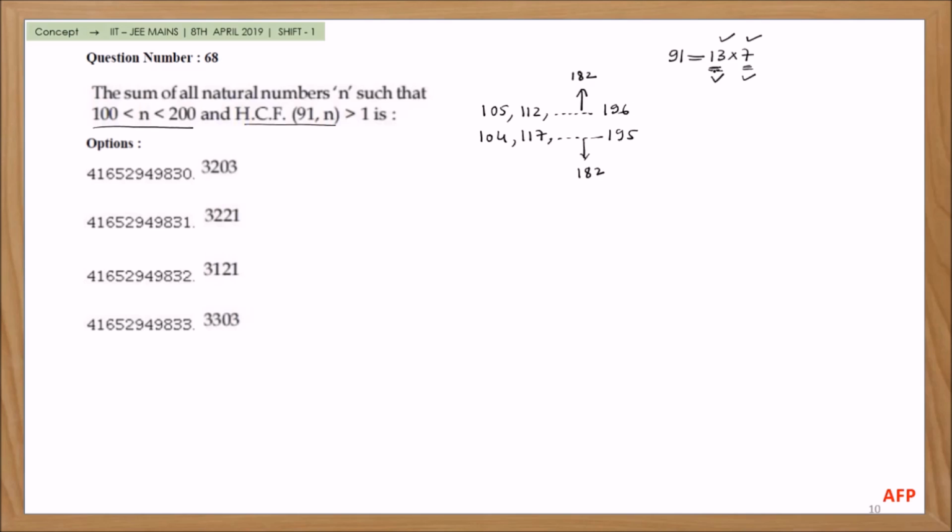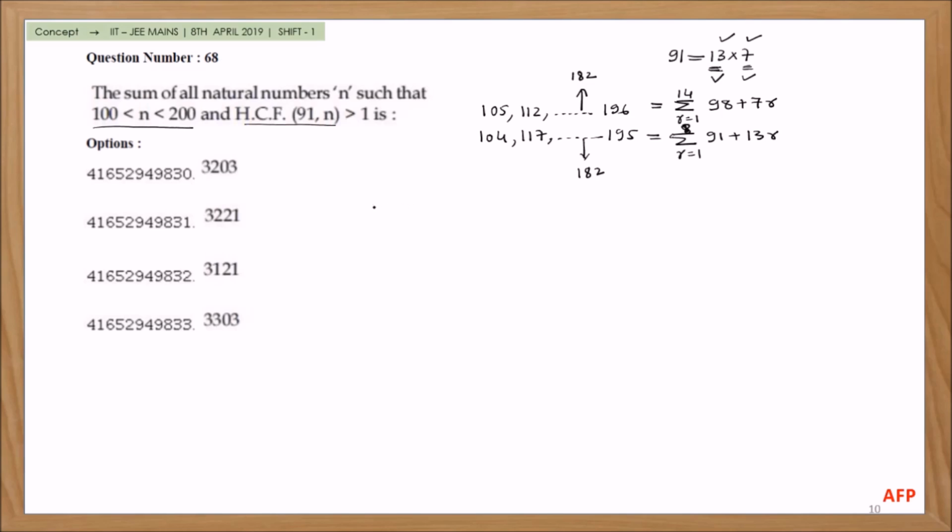Okay, so we have to add multiples of 13 and multiples of 7. This one we can write as summation of 98 plus 7r, where r changes from 1 to 14. The second one we can write as 91 plus 13r, where r changes from 1 to 8.